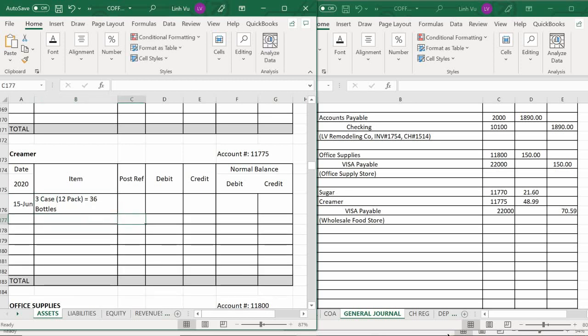What was the price per case? Uh, 16.99 or something like that. 16.33 per case. And it's 48.99. Then we have the credit card that we pay.